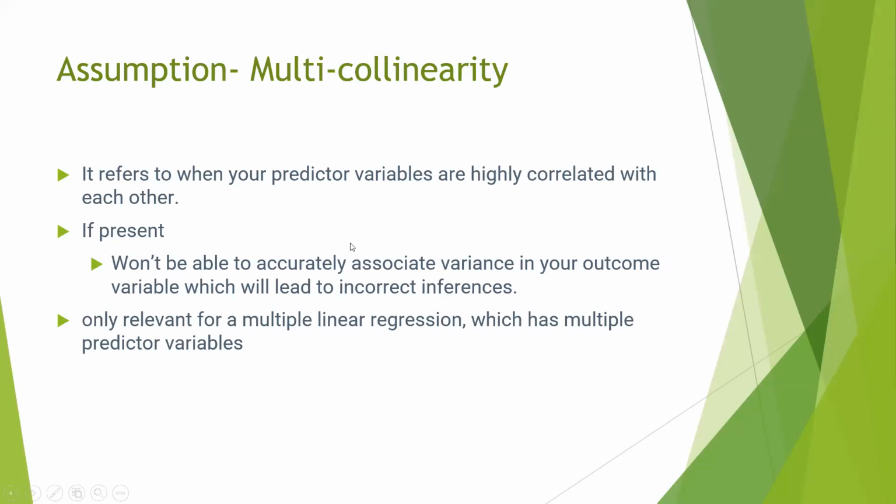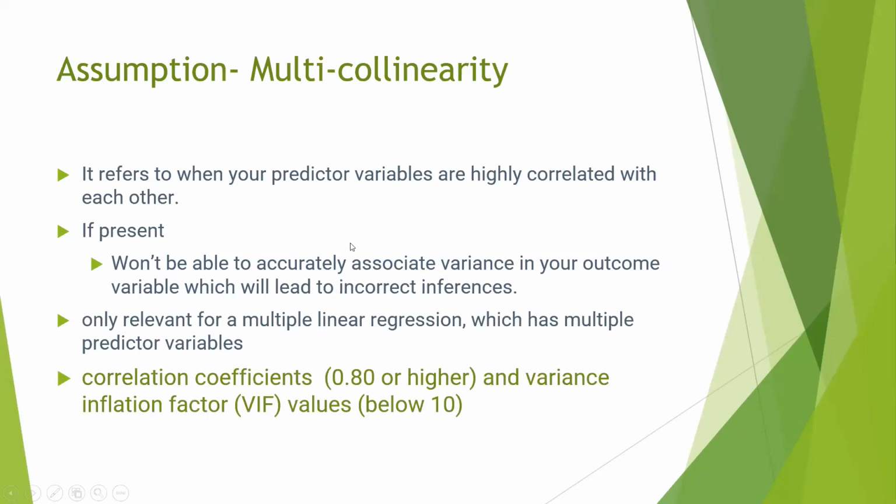So how do we find out this multicollinearity? We can find it by the correlation coefficient. If the correlation coefficient is very high between the predictor variables, remember, we are not talking about the relationship between X and Y. We are talking about the relationship between X1 and X2, X1 and X3, X1 and X4, X3 and X4. So we have to check that through the correlation matrix.